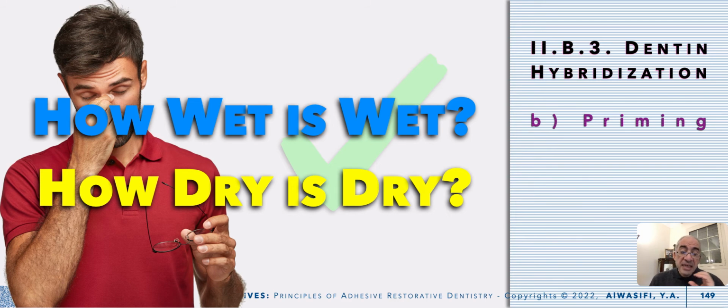Then there is a degree of wetness or dryness in between. There is a compromise in the wetness or dryness of dentin that is suitable to get the maximum advantages and the maximum bond strength to dentin, and that's why the highest quality of your formed hybrid layer.